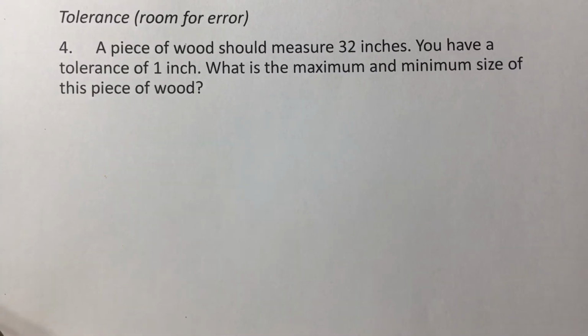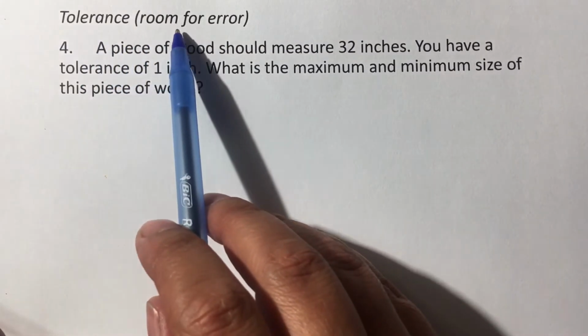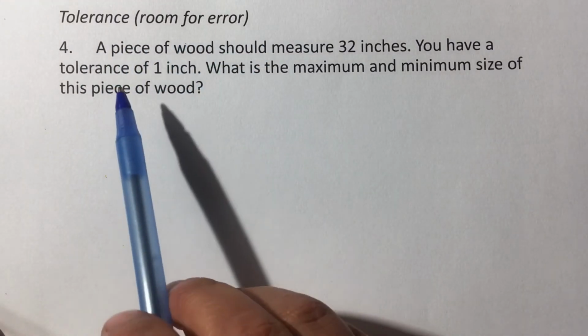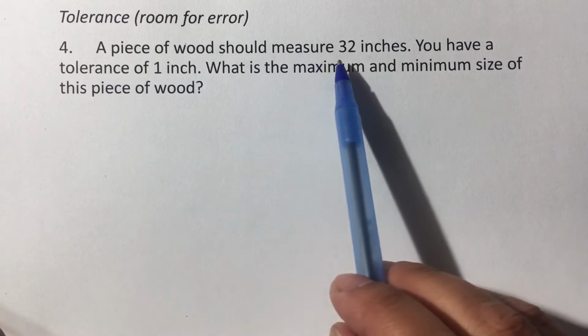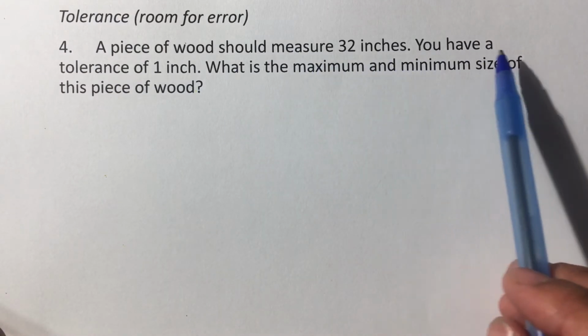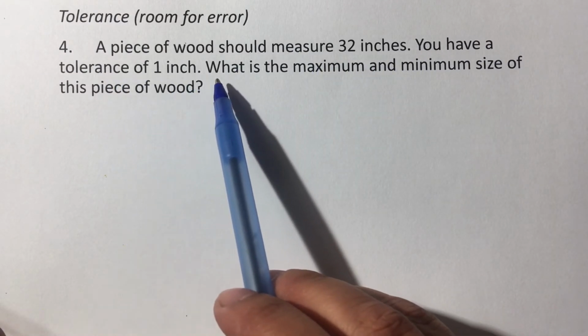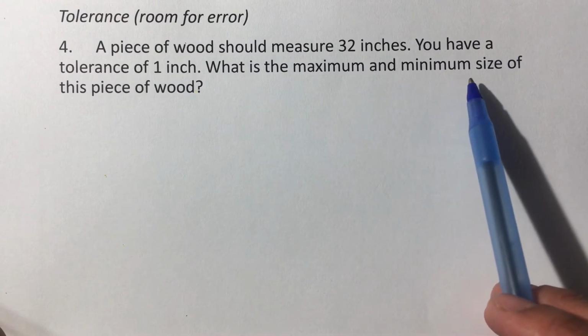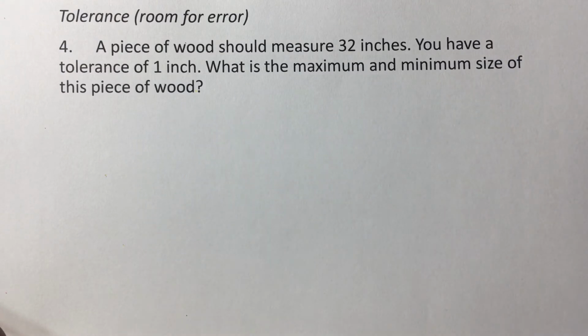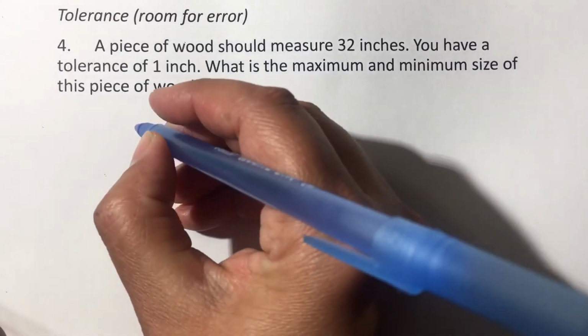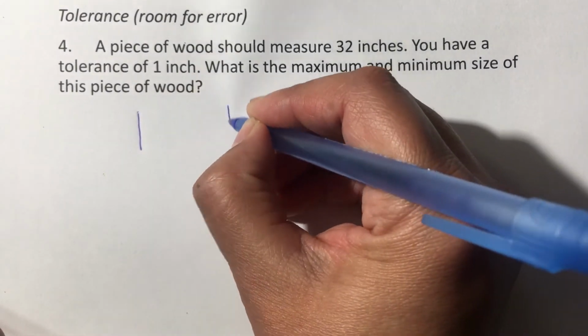And now we have some word problems related to tolerance, which is room for error. Number 4 says, a piece of wood should measure 32 inches. You have a tolerance of 1 inch. What is the maximum and minimum size of this piece of wood? Again, we can use absolute value.